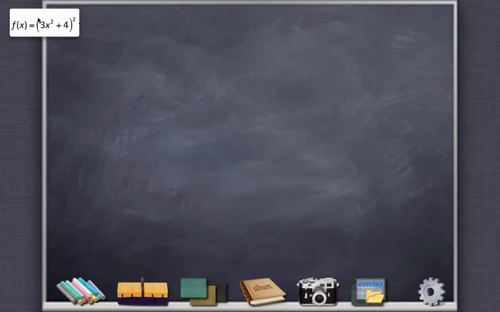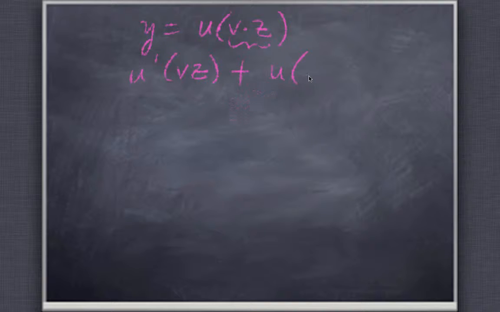I want to show you very quickly, suppose that you had y equal to u times v times z, where they're all functions. So I'm going to talk about the product rule now. So I'll first treat this one as its own thing. So now I would have u prime vz plus u times, now I need the derivative of this, but this is also a product.